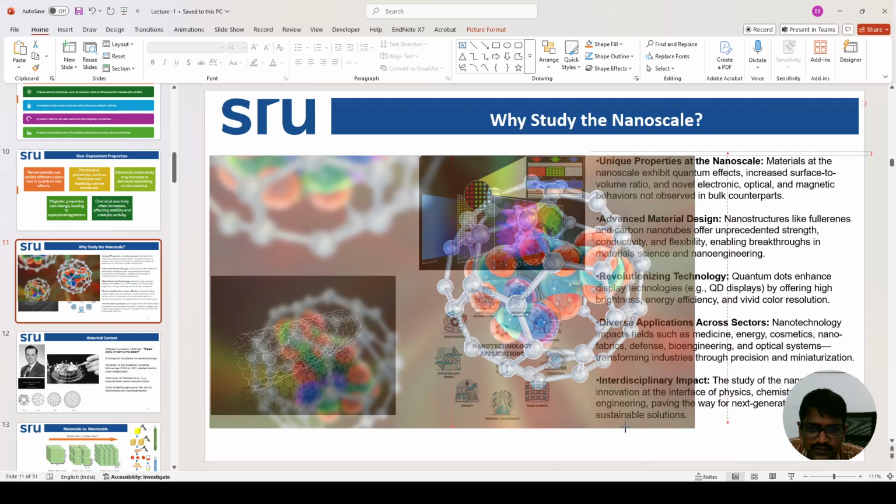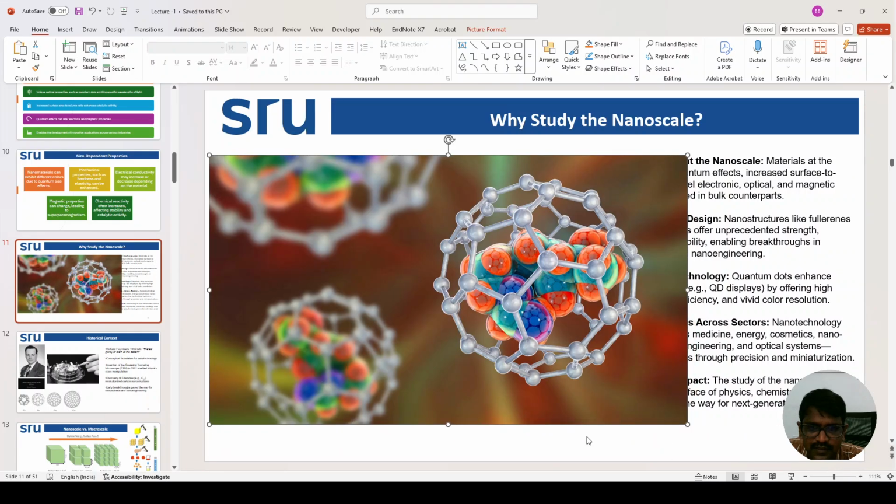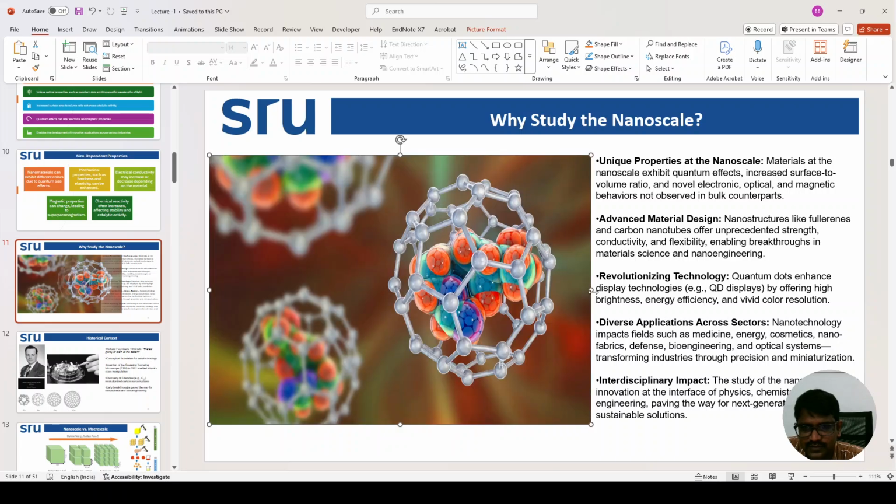See this one. So what is this image? This is nanoparticles. These are nanoparticles. Where are we using these?